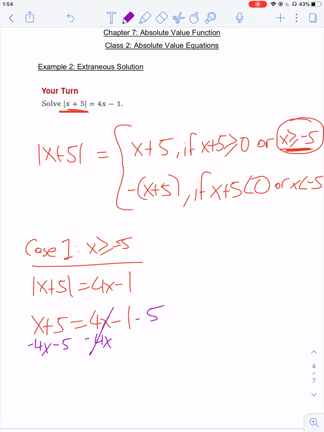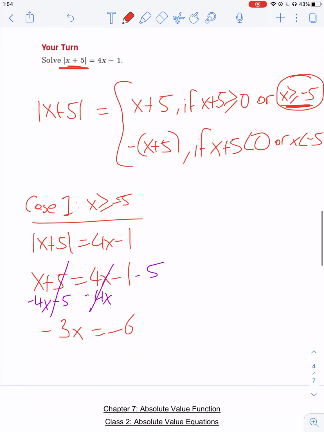So this will cancel and this will cancel. All my numbers go to the right and my variables come to the left. Then you get minus 3x equals minus 6. If you solve for x, you divide by minus 3, divide by minus 3, so x equals 2.